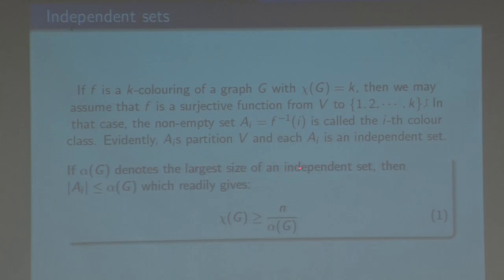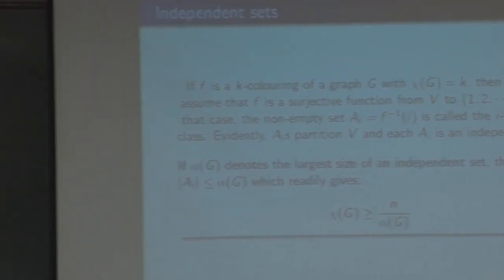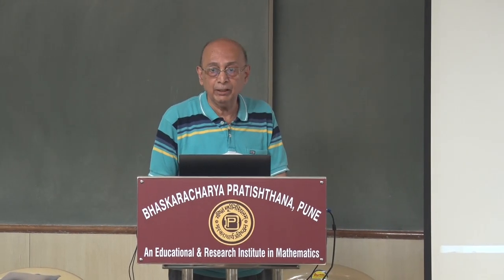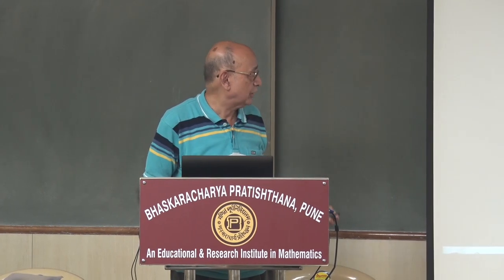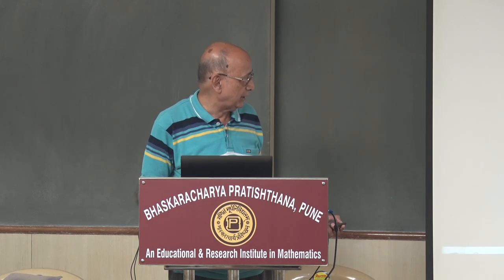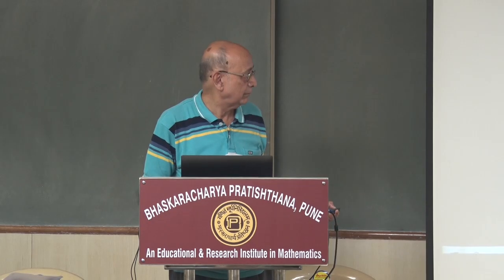What we mean by f inverse of i is the ith color class. Each color class is an independent set, and if I have a bound on the size of an independent set in a graph, generally denoted by alpha of G, then that gets me a lower bound on the chromatic number.